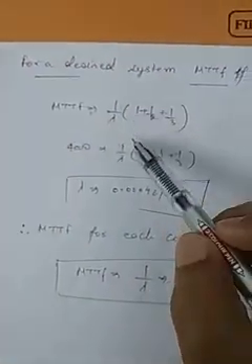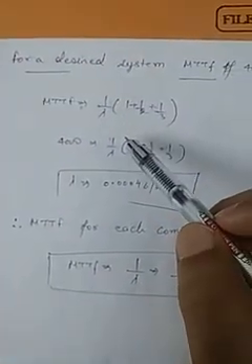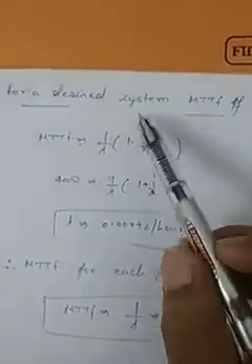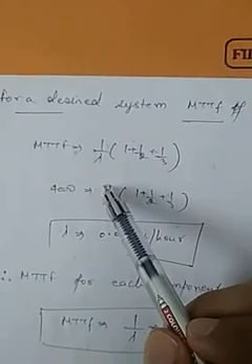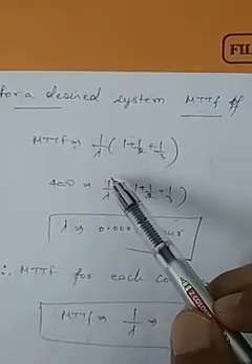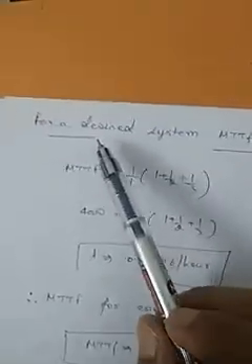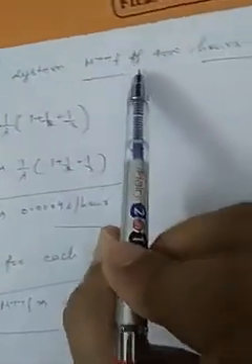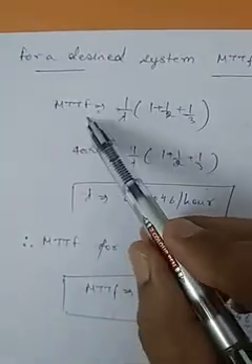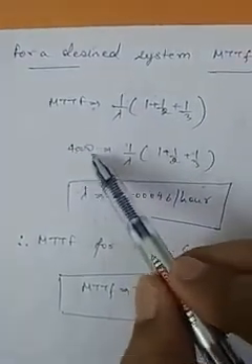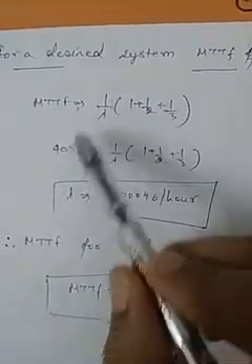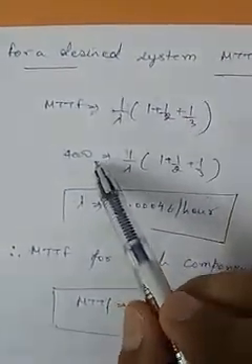Now the second part is where MTTF is given as 4000, and according to that we first have to calculate the mean time to failure for each component. The MTTF for the system is given here, so for the system and for each component the MTTF value is different. For a desired system MTTF of 4000 hours, our system has three components, so 1 by lambda into (1 plus 1 by 2 plus 1 by 3) equals 4000.